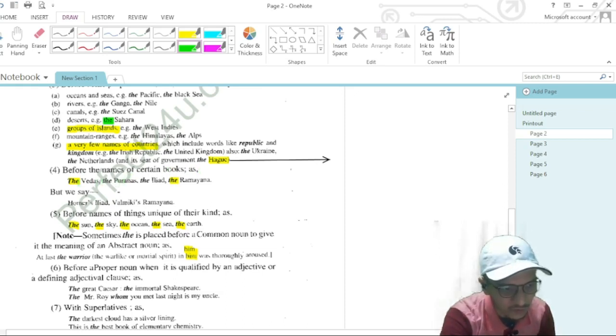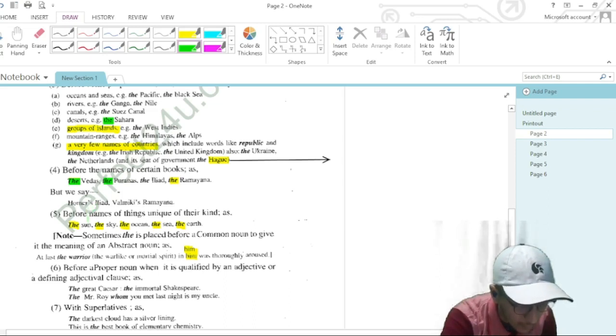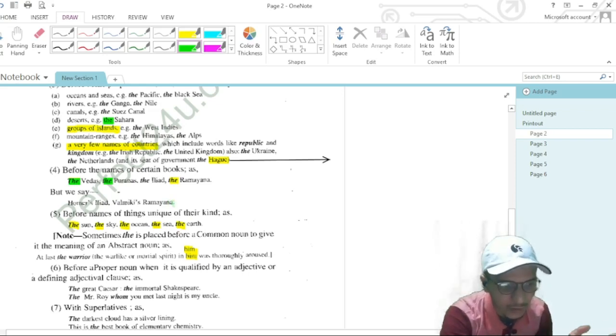The next rule is before the names of certain books: the Vedas, the Puranas, the Ramayana, but we say Valmiki's Ramayana. Valmiki is the writer of Ramayana.